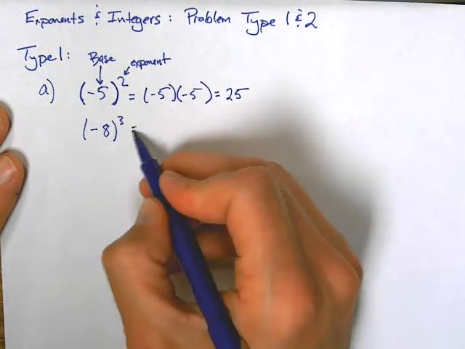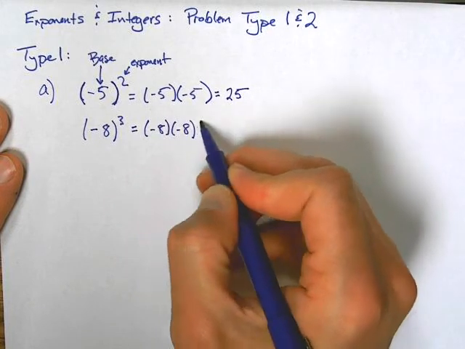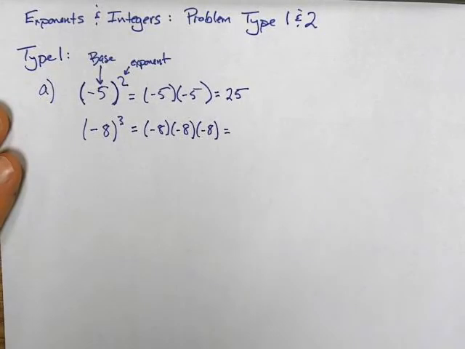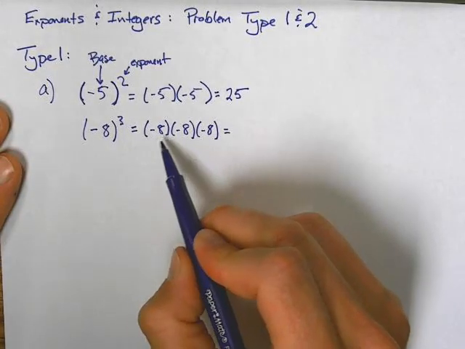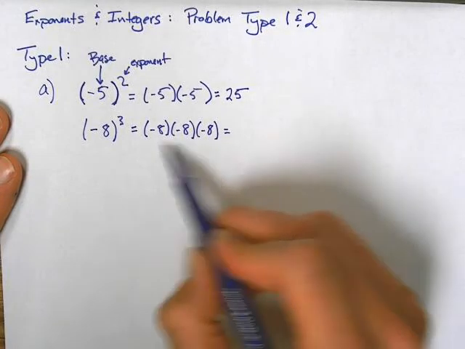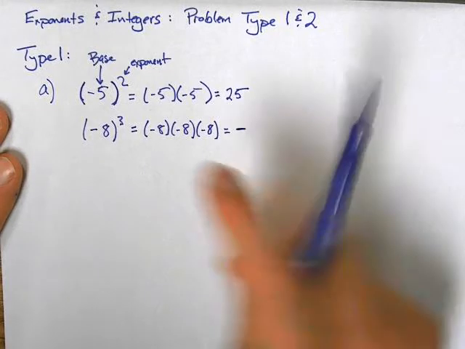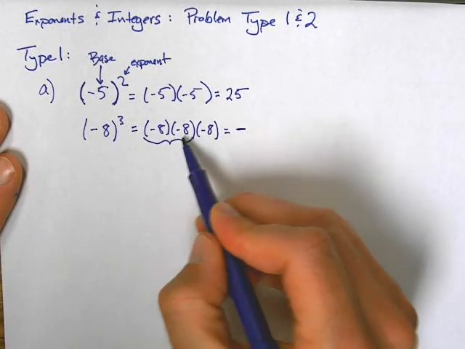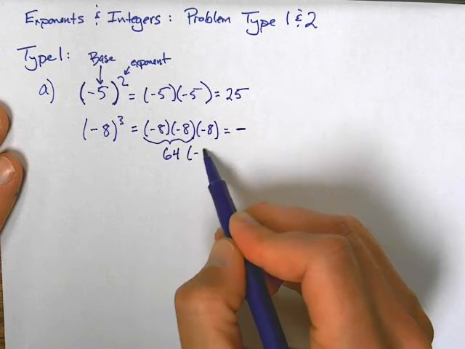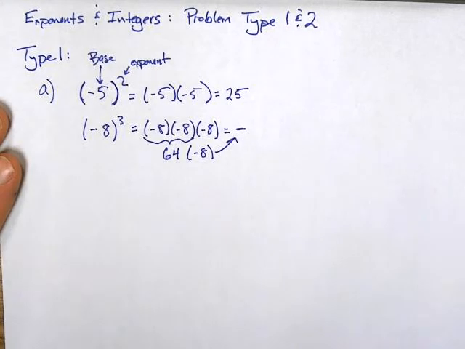Now here, (-8) cubed would mean just -8 multiplied to itself 3 times. The first thing I want to point out is notice, because I have 1, 2, 3 negatives, which is an odd number of repeated negatives, my final answer better be a negative. These multiply to make a positive 64, and then I have to multiply another negative to a positive, which in turn makes my final answer negative.